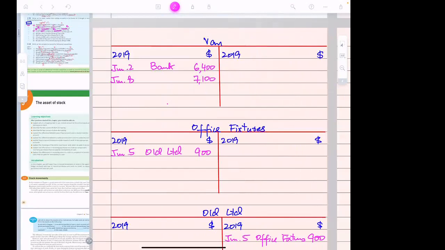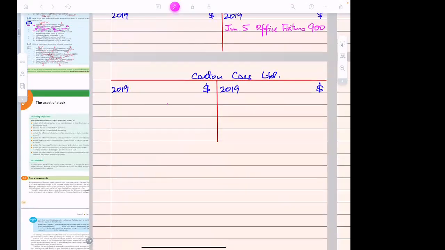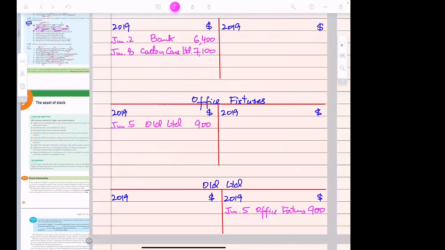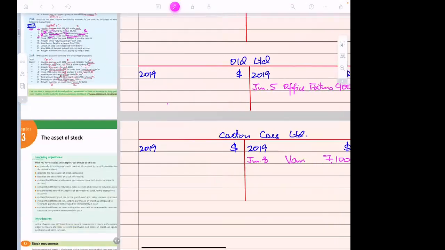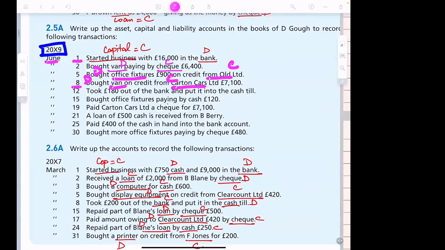And what is the name of the other account? Carton Cars Limited. So van debit and Carton Cars Limited credited. So we write van 7,100.